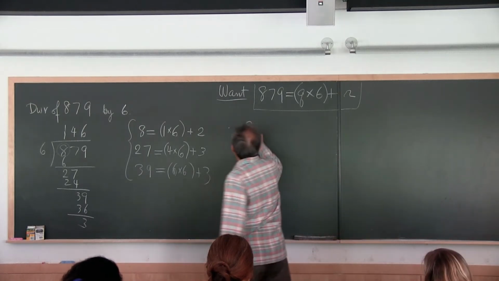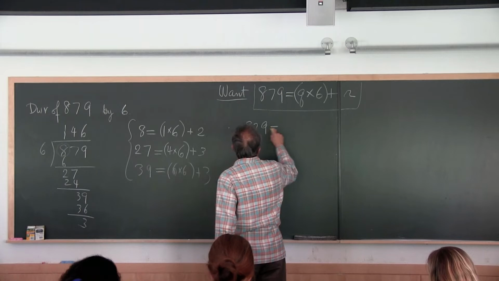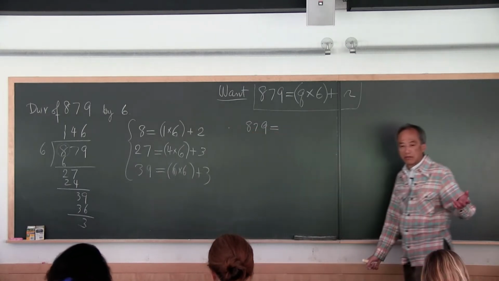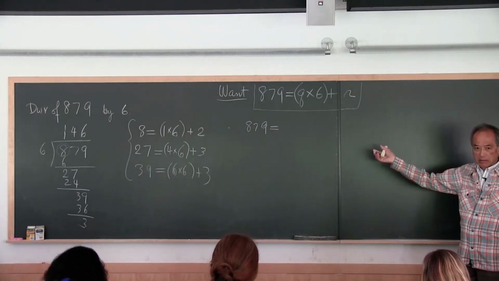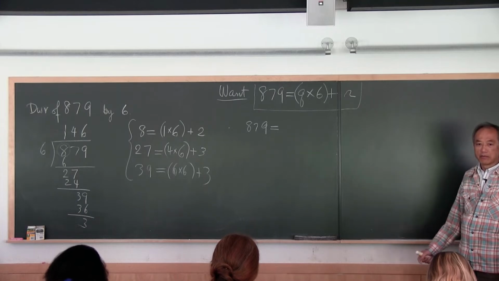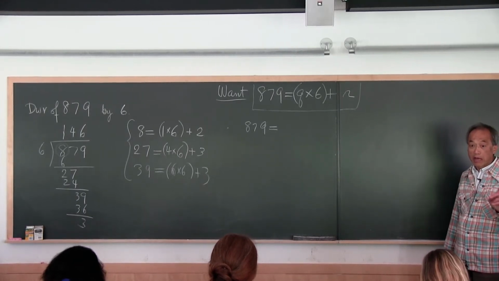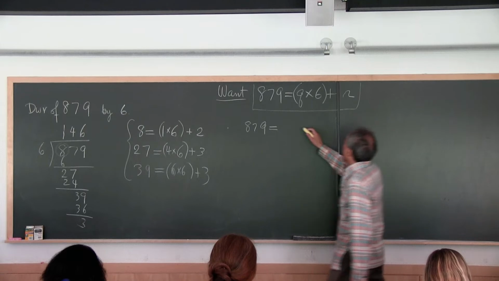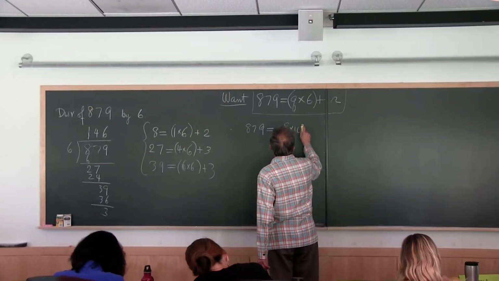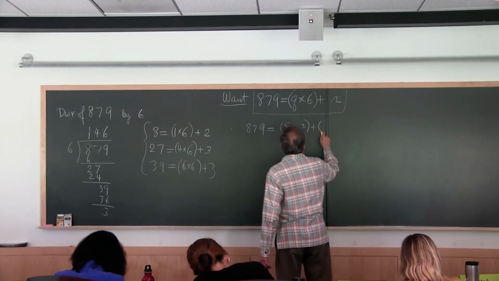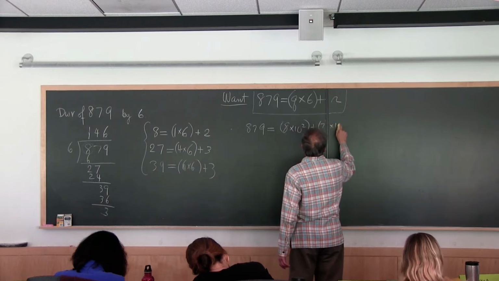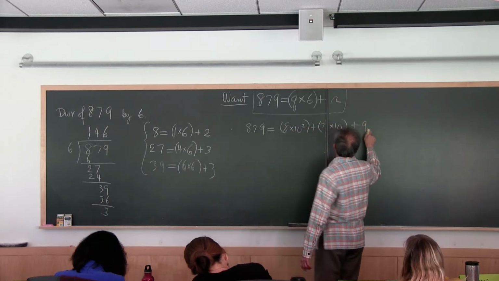All right, so 879. This is ubiquitous. You will have to use it. What do you call it? Expanded form. So that's something you do without thinking. 8 times 10 squared plus 7 times 10 plus 9.